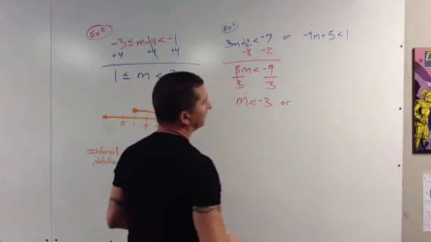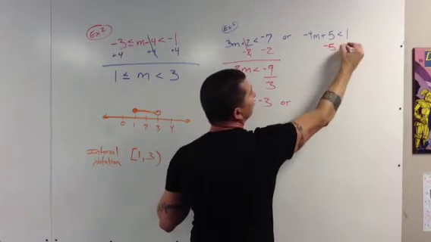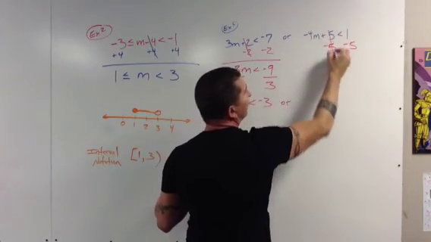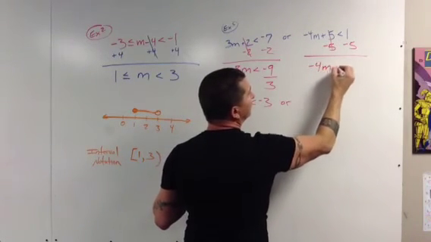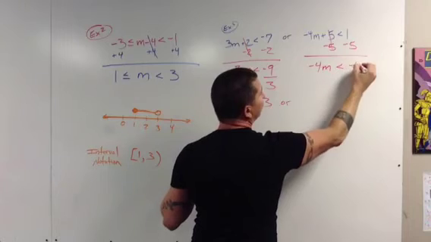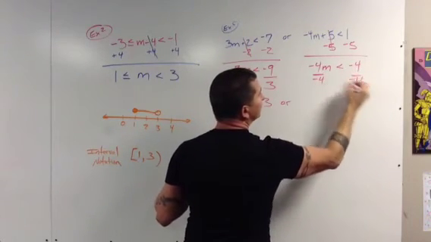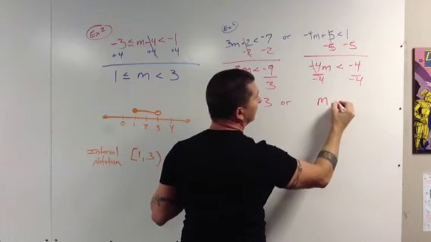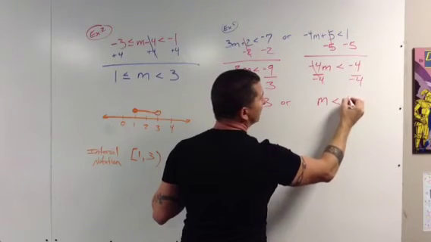Or, and we need to solve this one. We're going to subtract 5 from both sides. We have negative 4m plus 5 is less than 1. We subtract 5. That leaves us with negative 4m is less than negative 4. Divide by our coefficient, which is negative 4, and we get m is less than negative 4 divided by negative 4, which is positive 1.